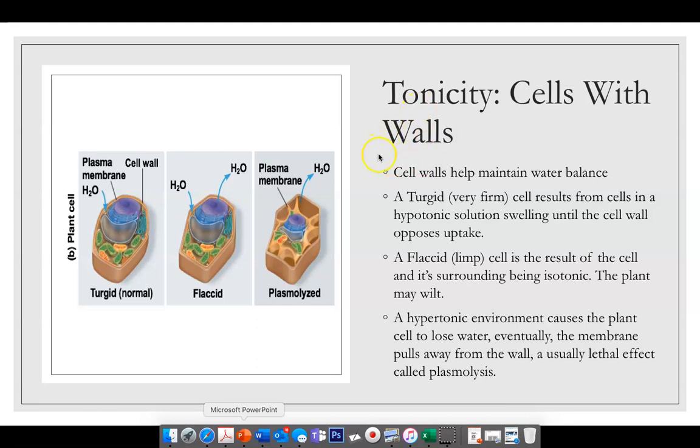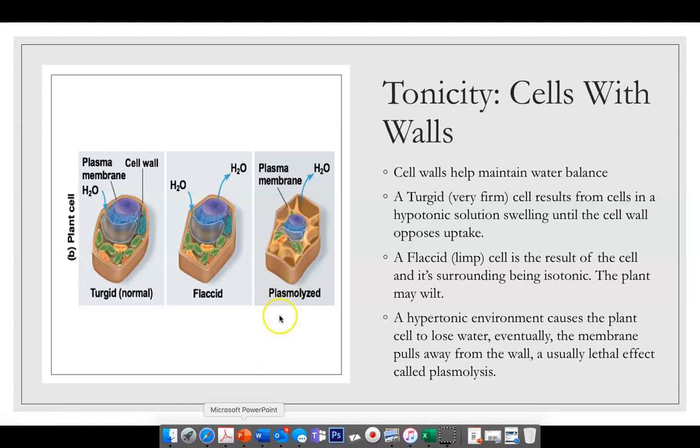The plasma membrane is also attached to the cell wall. So as the central vacuole begins to shrink, it in turn pulls the cell membrane away from the cell wall. The cell begins to collapse and will eventually die.